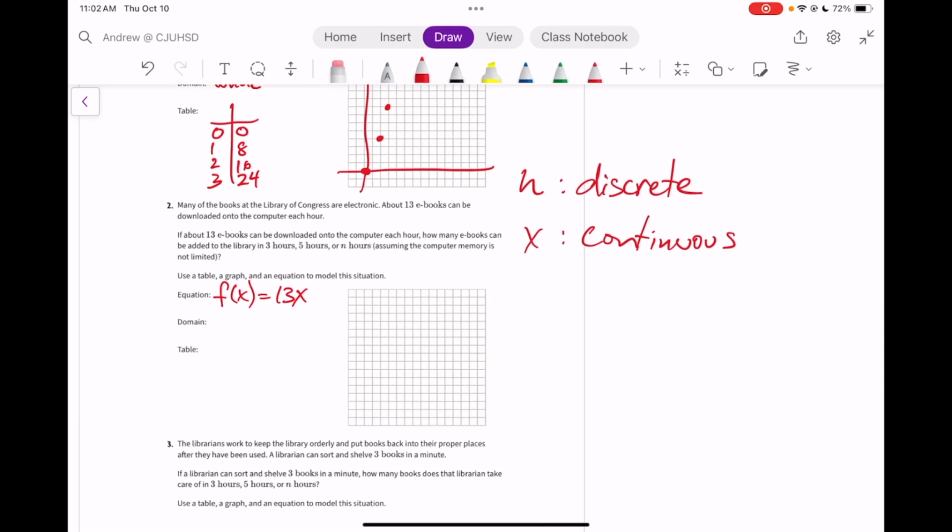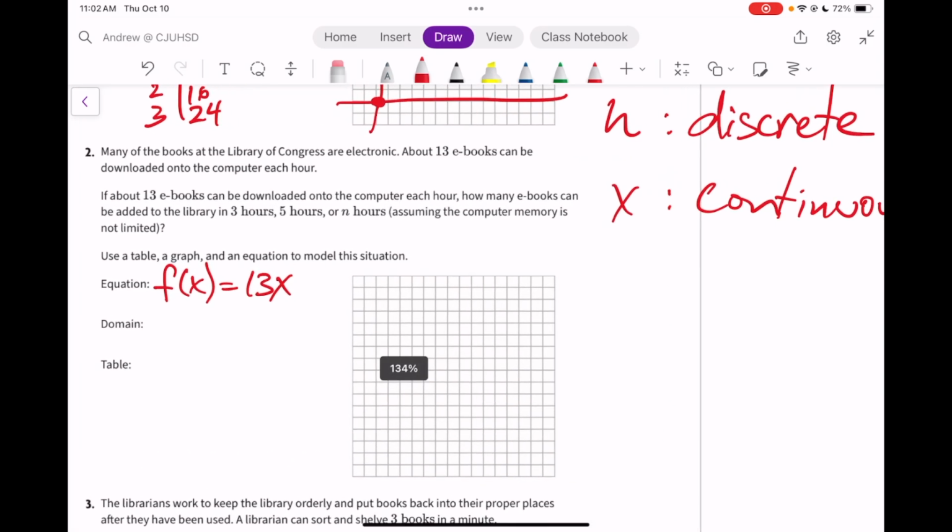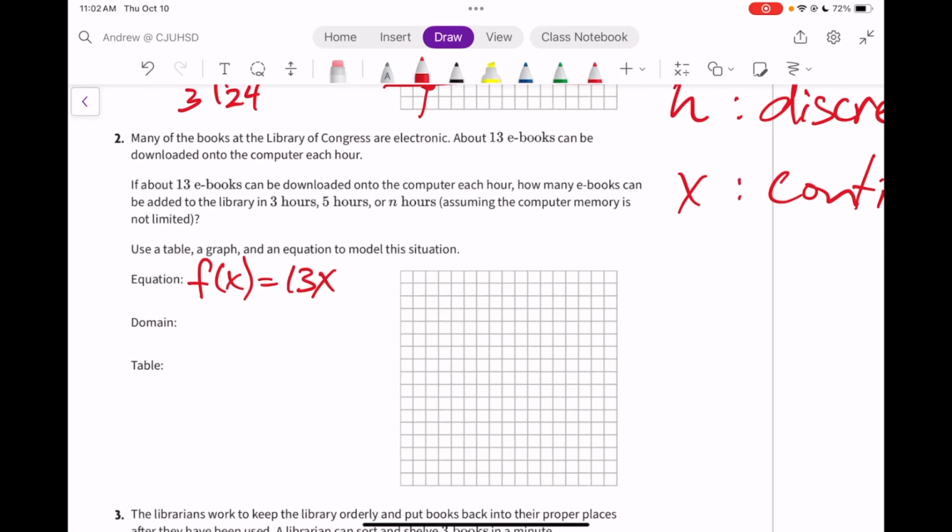The domain could be any number that's positive. A table, looking at that, would look like 0 hours, 1 hour, 2 hours, 3 hours. No books, 13 books, 26 books, 39.